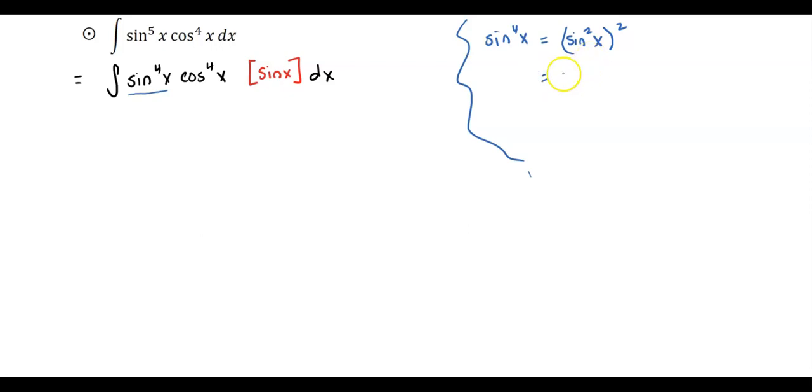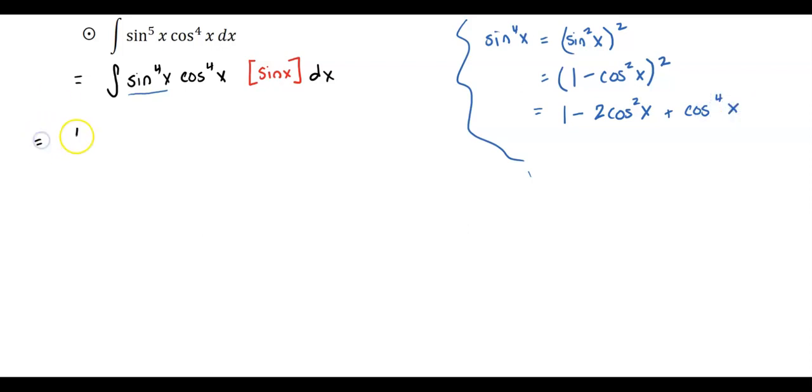So I can replace what's in the parentheses with 1 minus cosine squared of x, just like I did in the last problem. But now I'm going to be squaring it. So when I FOIL that out, I get 1 minus 2 cosine squared of x plus cosine squared of x squared, or cosine to the fourth of x.